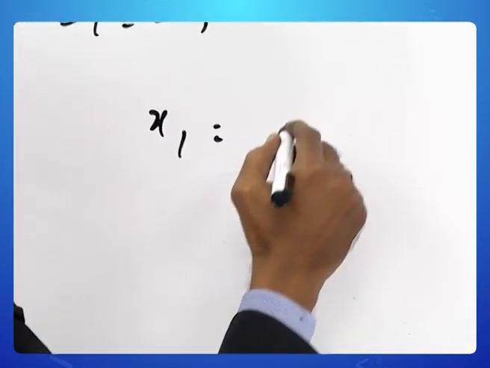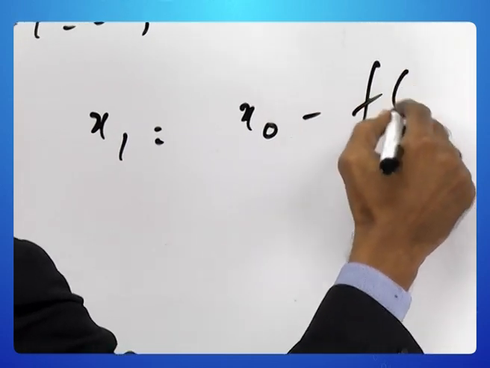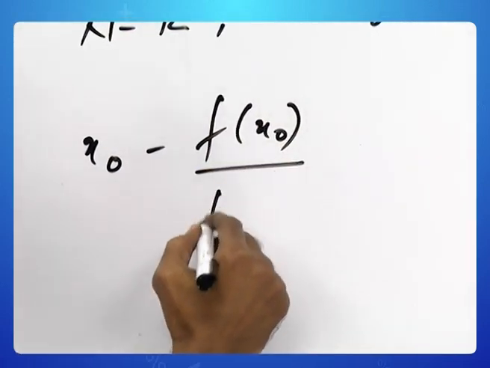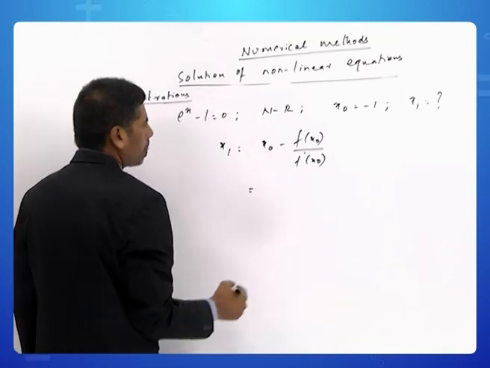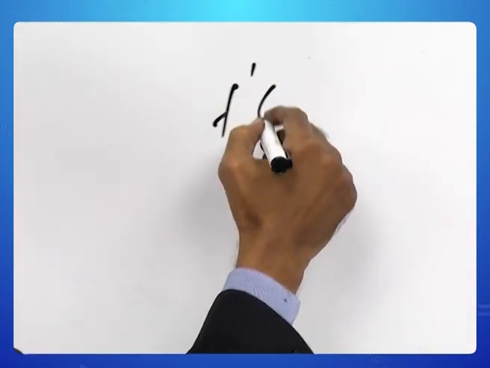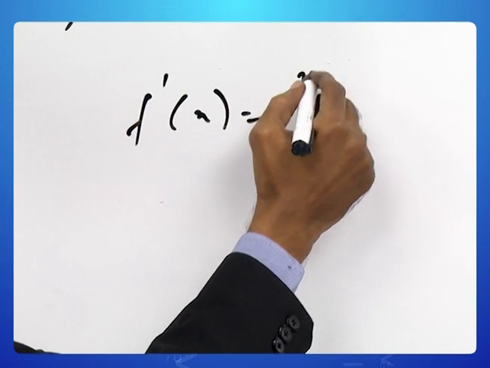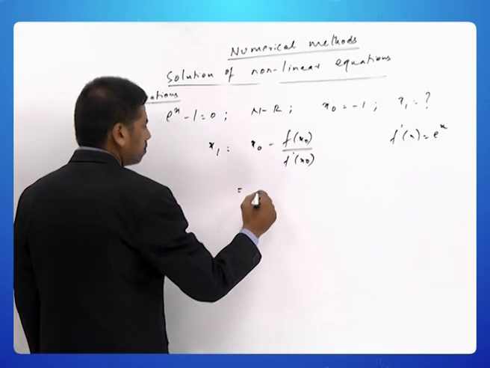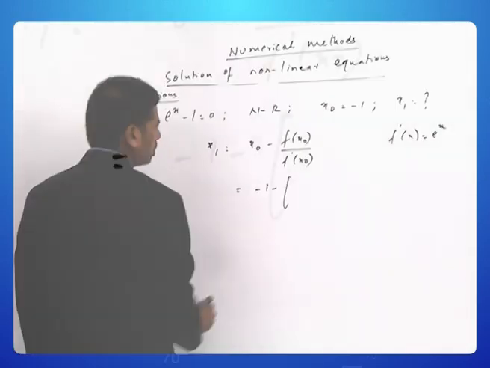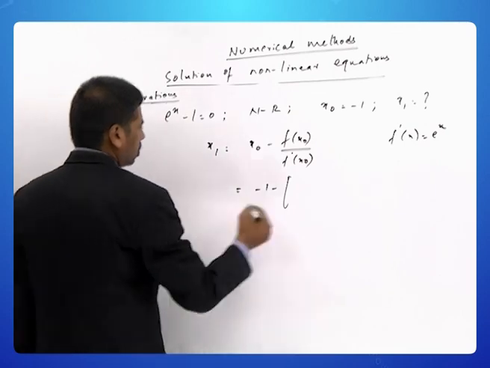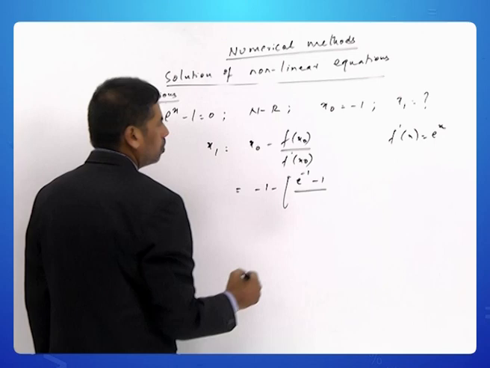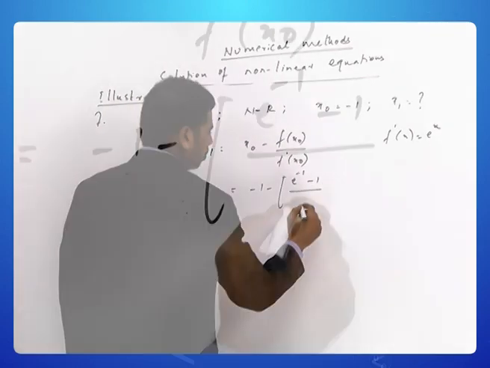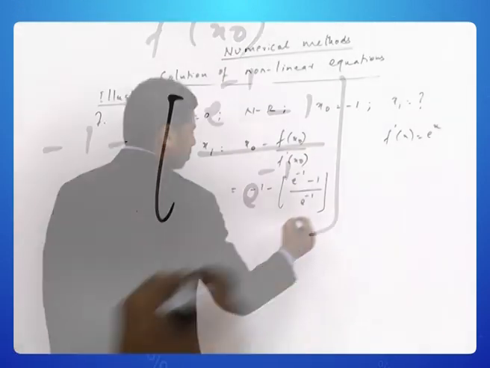x1 is equal to x0 minus f(x0) by f'(x0). f'(x) for this problem is simply e^x. f(x0) will be e^(-1) minus 1, and f'(x0) will be e^(-1).